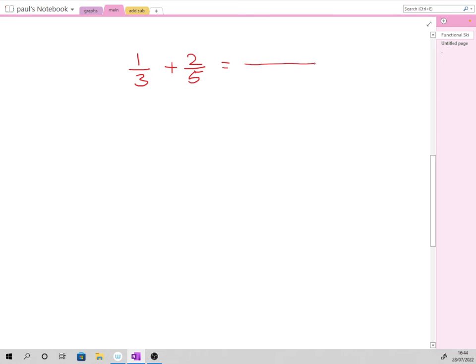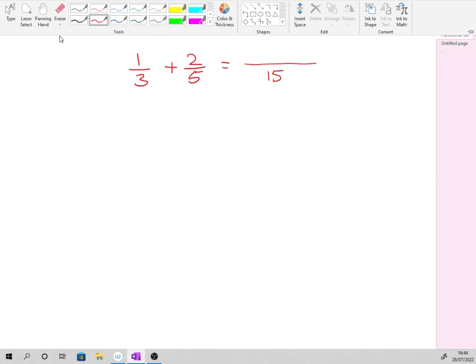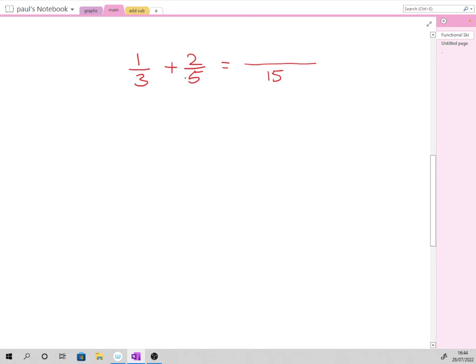So this time, put a big long line, because they're both going to end up as the same. So all we need to do is go 3 times 5 is 15. So 3 times 5 is 15 and 5 times 3 is 15. So we might as well put everything all over the 15. And we cross multiply. We multiply this way first.